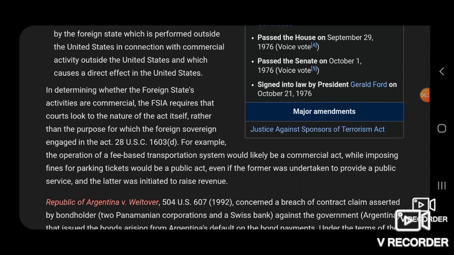If you claim against that state, you better claim in such a way that you describe the nature of the state's act as commercial. So what if you can construct an argument that makes or appears to make the state appear to be conducting a commercial activity, and you support it with evidence?